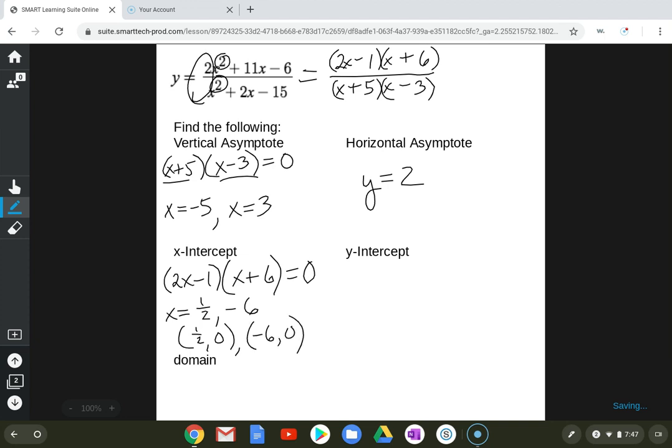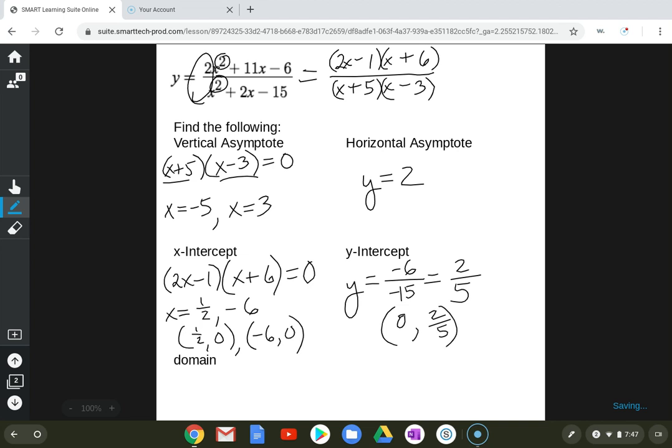Our y-intercept is what we get when we set all of our x's equal to 0. So if we set every single x equal to 0, we end up with negative 6 over negative 15, which equals 6 over 15, which equals 2/5. So our y-intercept is 0, 2/5.